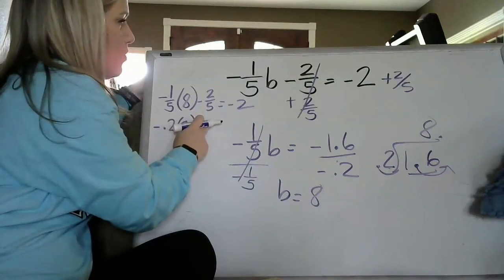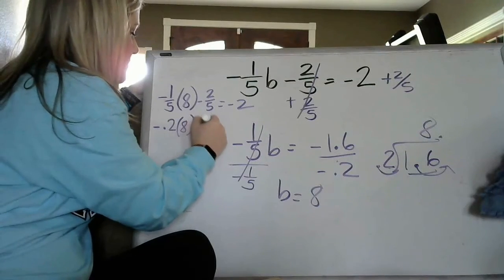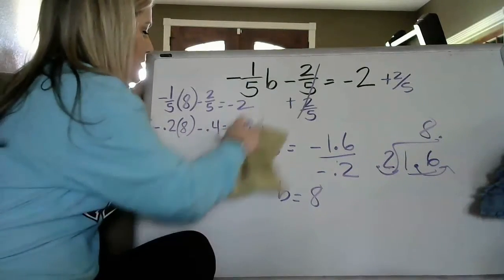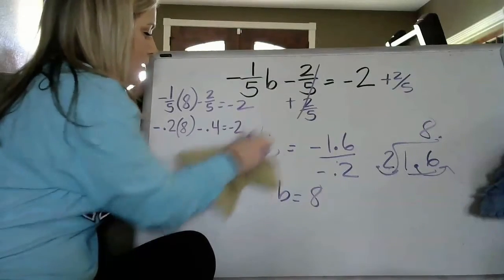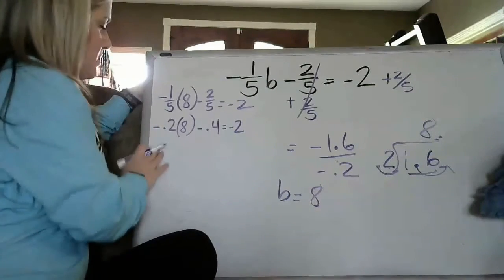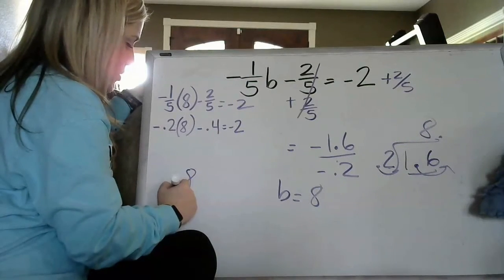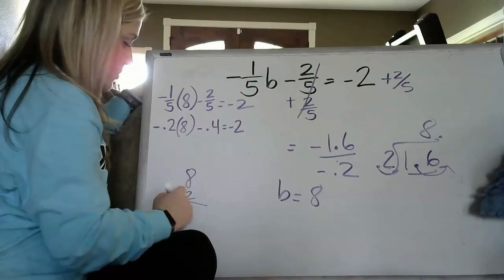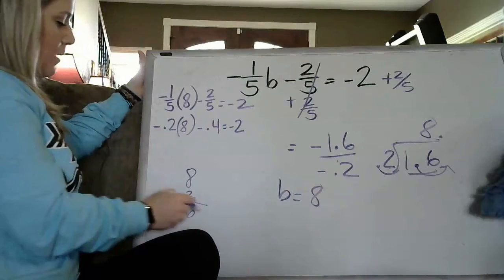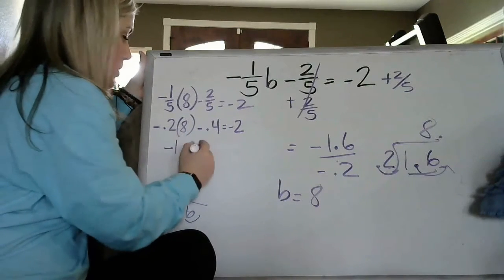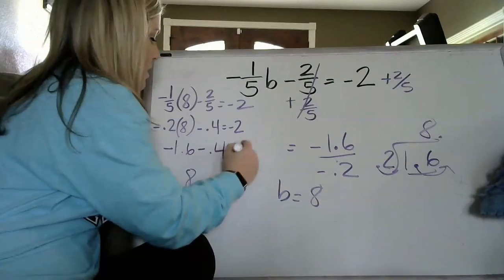And 2/5 was 0.4, right? Minus 0.4 equals negative 2. All right, so 2 times 8 times 0.2 would be 16, but I got to move my decimal over 1. So 1.6, negative 1.6 minus 0.4 equals negative 2.